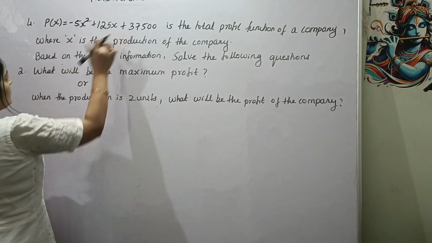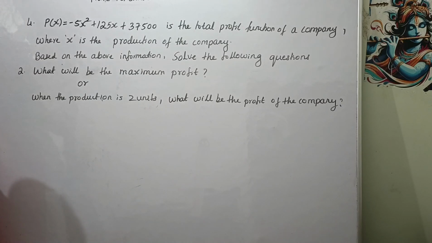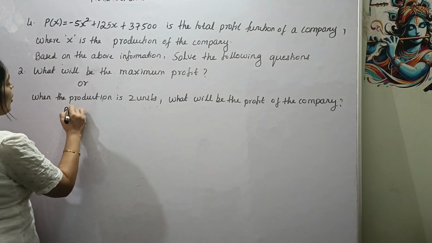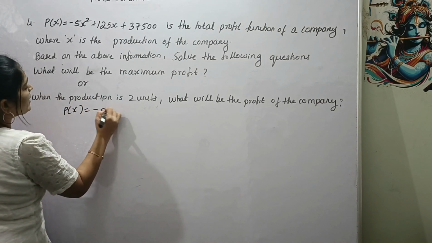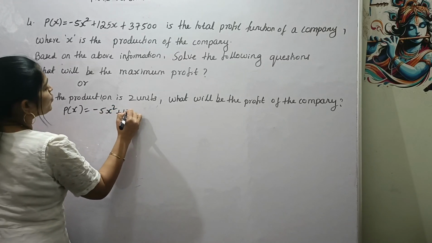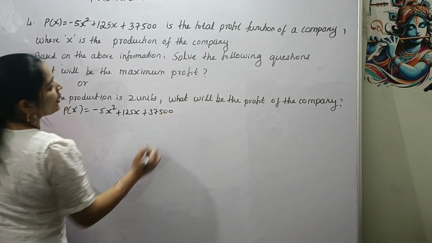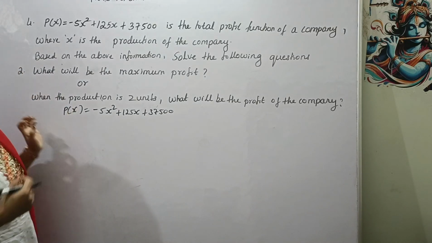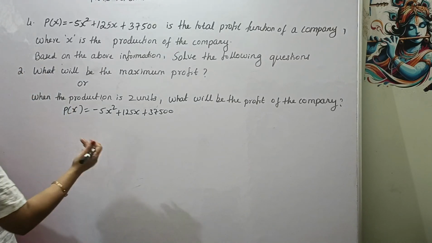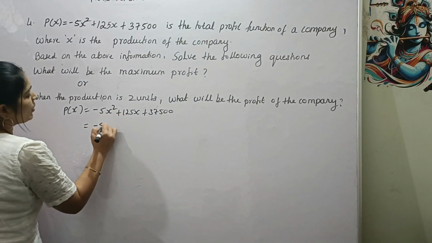So here, the equation of total profit of a company is P of x is equal to minus 5x square plus 125x plus 37,500. Substitute x is equal to 12.5.